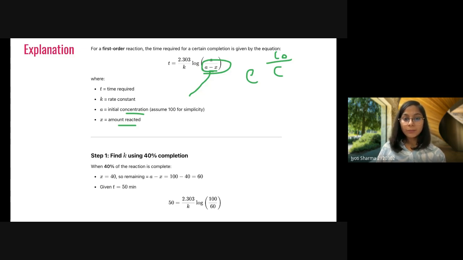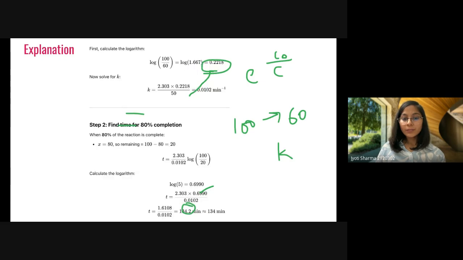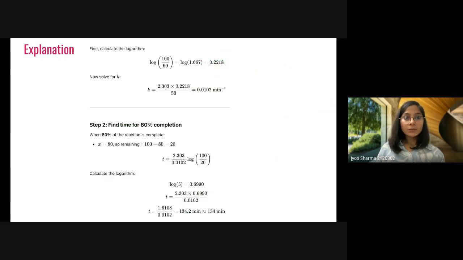Then you put in everything and you will have the K value. From the first case, when the reaction goes from 100 to 60, you will calculate the K value because T is given already. Then K is calculated, and you put this K into the next equation.